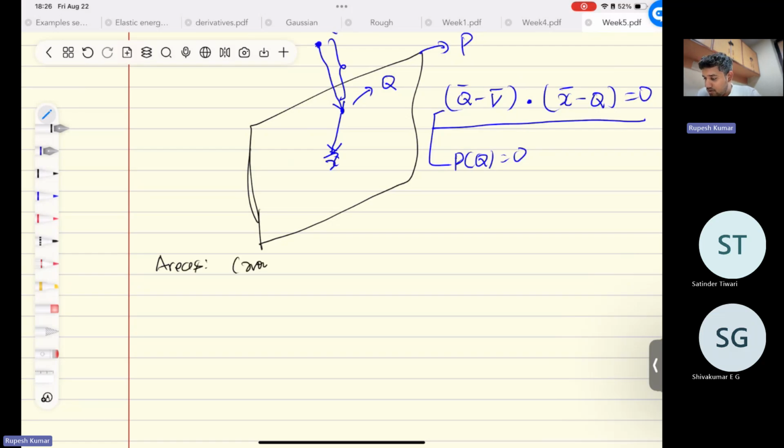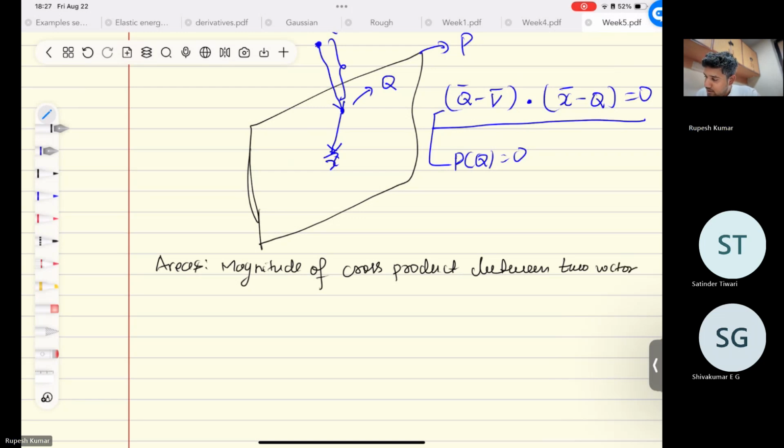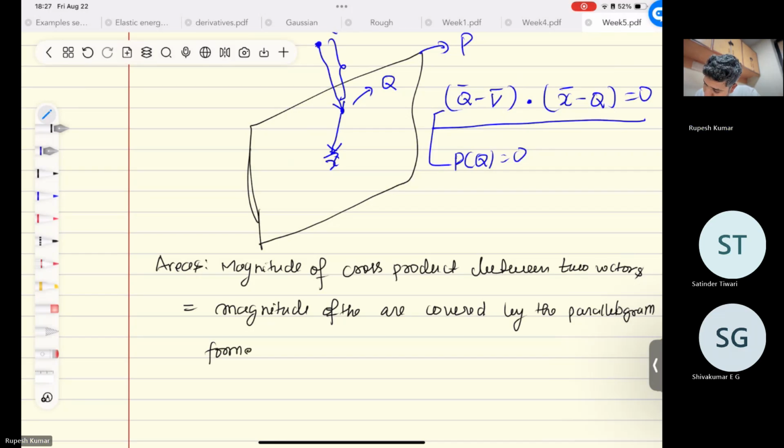The magnitude of the cross product between two vectors is equal to the magnitude of the area covered by the parallelogram formed by the two vectors, right?